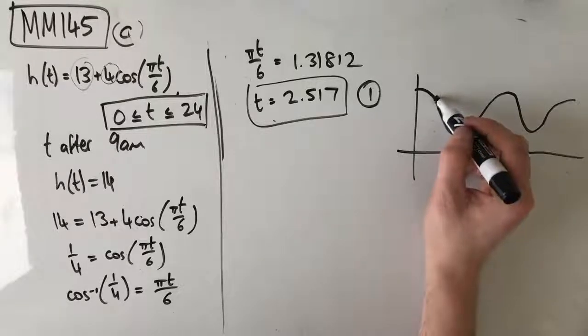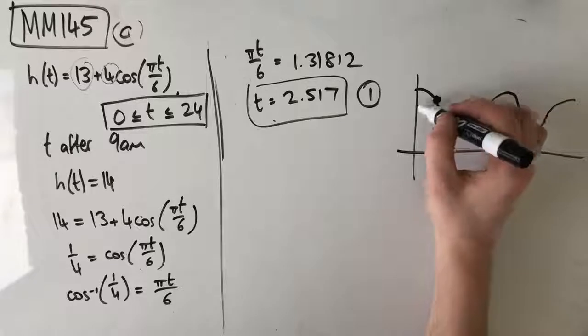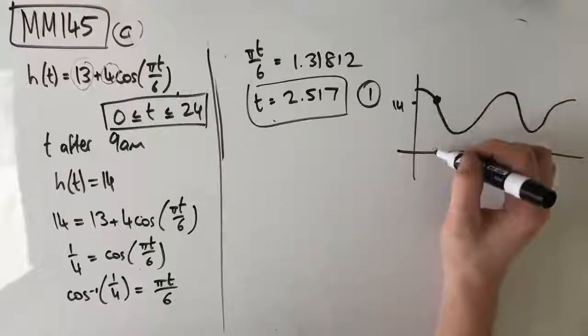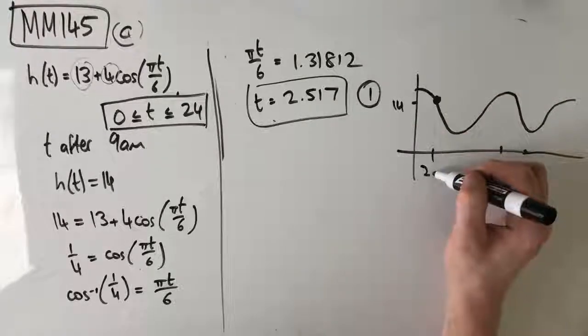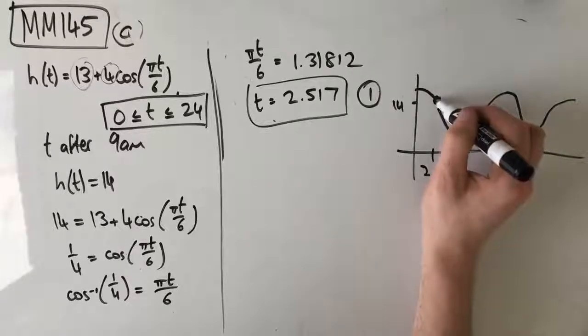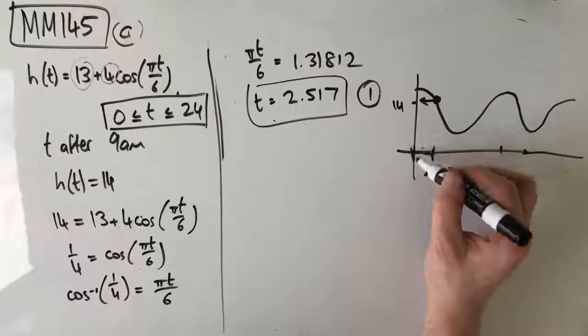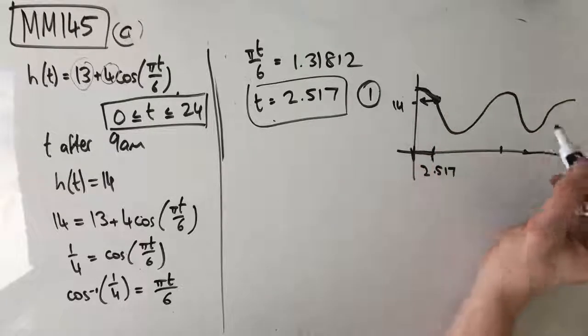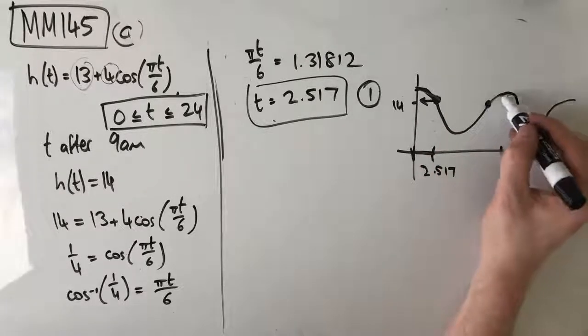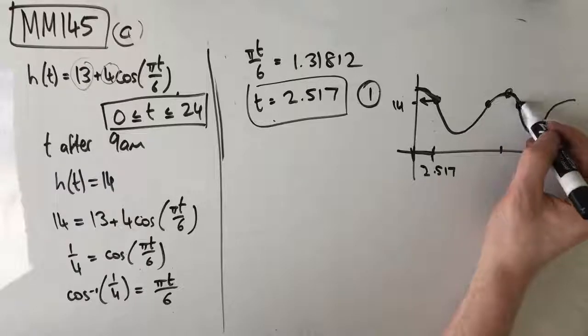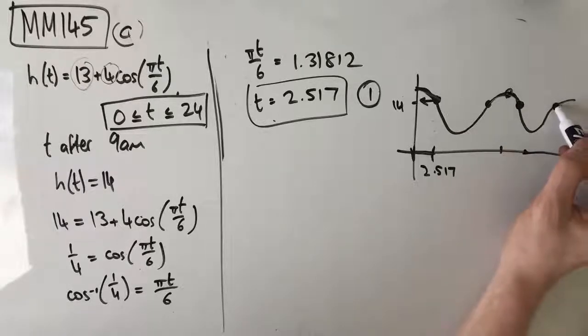So here is our value of 14, and this is our value of 2.517, which means that it's above 14 for this amount of time. So 2.517 hours, it's above 14. It's above 14 from here to here, and from here to here. Also from here to here, okay?